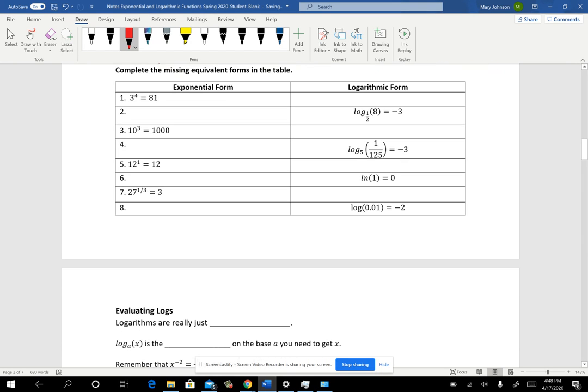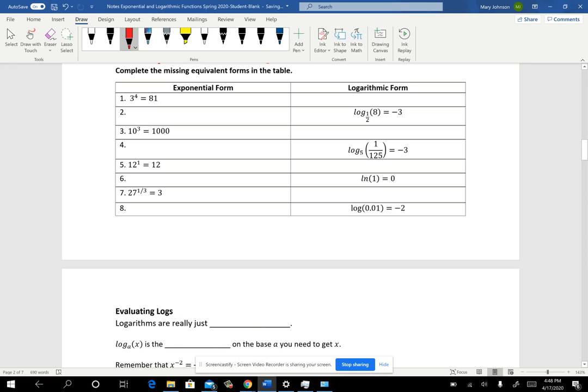So anytime I'm trying to think about what a logarithmic form means, if it's not making sense, I just switch it over to exponential form. So that's what we're practicing here, okay? All right, so first thing you're going to do is identify your base. And you know over here, that's going to be the type of log function you're dealing with.